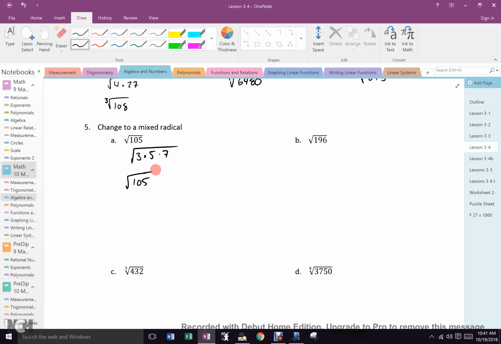Because what allows you to simplify? Pairs. If there's no pairs there, you can't simplify, right? If I tell you to go put on a clown costume, and there's no clown costumes around, can you put on a clown costume? No. You need pairs to simplify. If there's no pairs, you can't simplify.